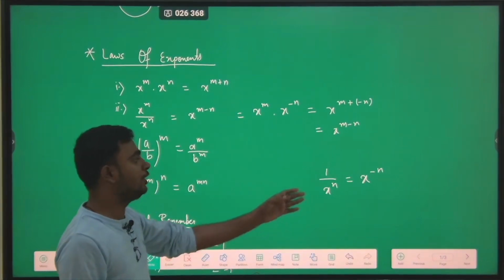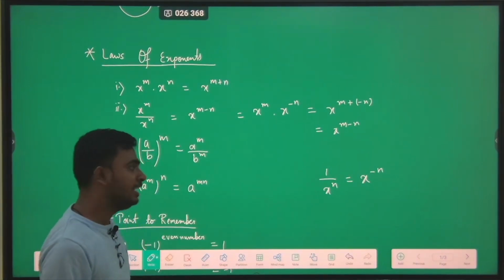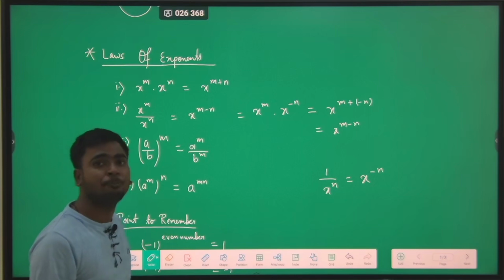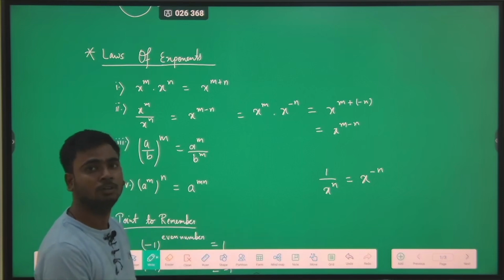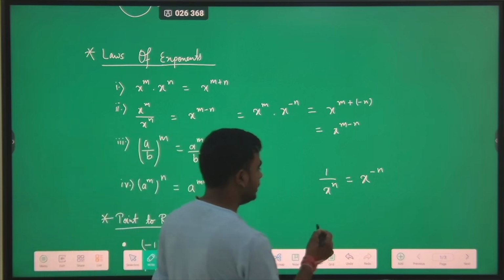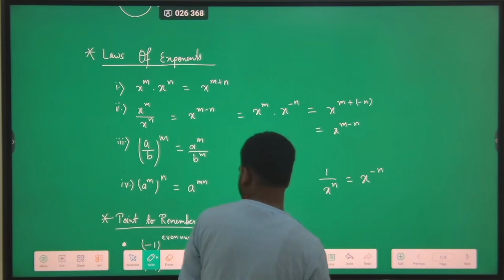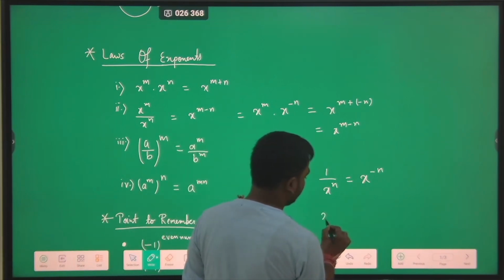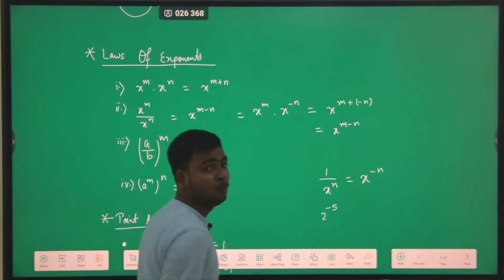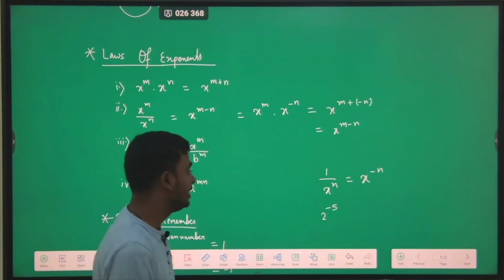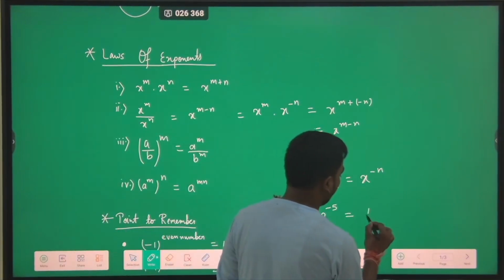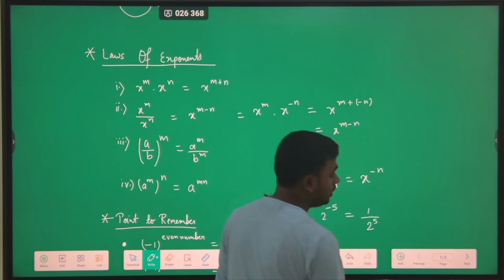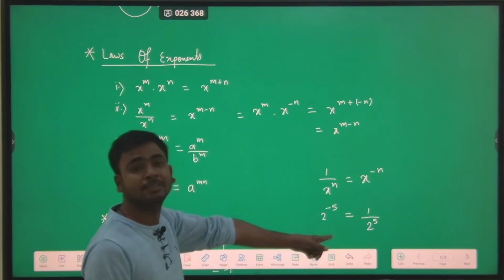The negative of any exponential form is actually the reciprocal of the positive exponential form. Now, if the value is 2 to the power minus 5, what does this mean? It means it is 1 upon 2 to the power 5. You have to remember these things also.